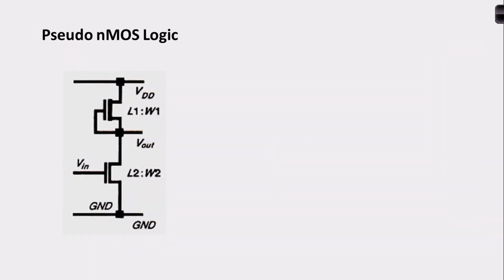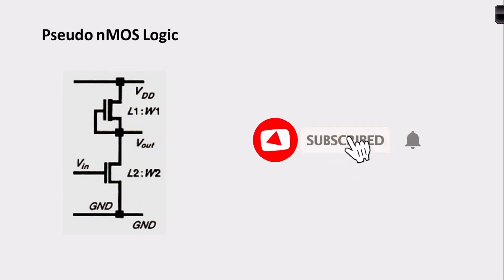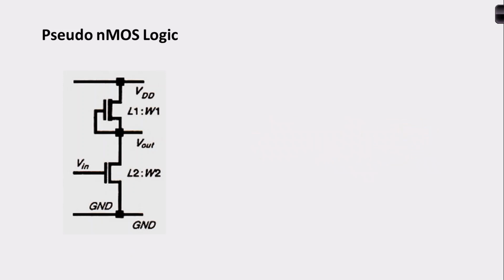Pseudo NMOS logic. Let us recap our previous lecture where we looked at the NMOS logic structure. This is basically the NMOS logic we have over here. Here we give the input, and the pull-up region is a depletion mode NMOS transistor.